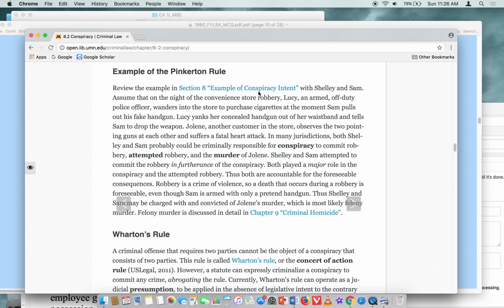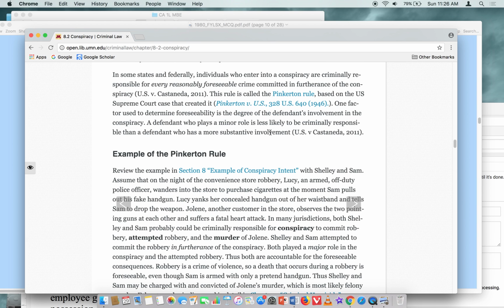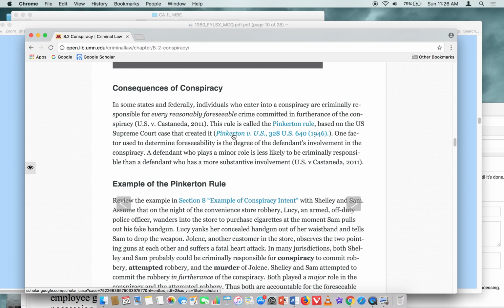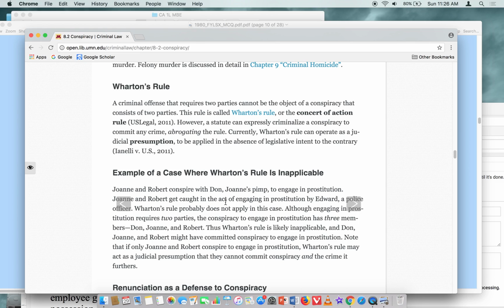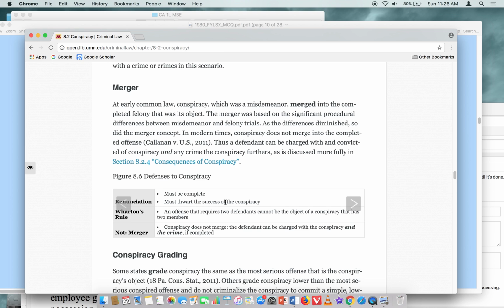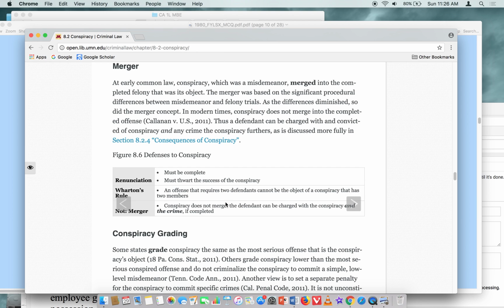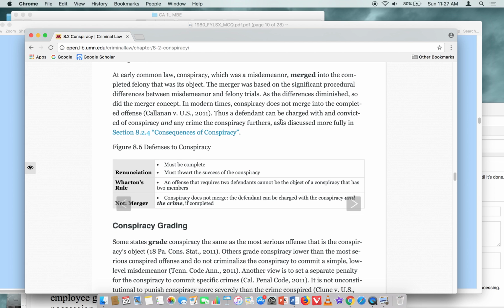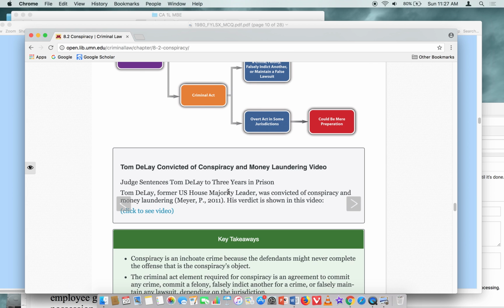But okay, so this is an example. Here's the case, Pinkerton's. In some states, and federally, individuals who enter a conspiracy are criminally responsible for every reasonably foreseeable crime committed in furtherance of the conspiracy. So when you have a conspiracy, there's murder, and if it's a felony, you can just go look at this in detail.